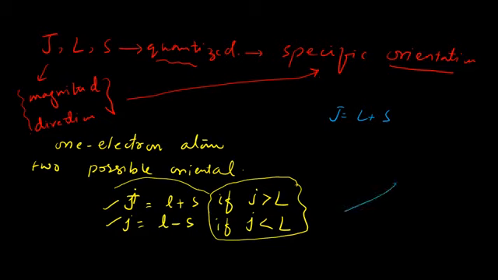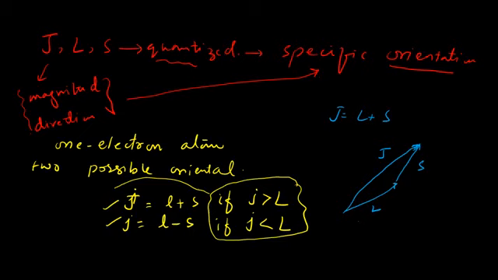Let's suppose this is your l vector, and here this one is s. Now we can add them up, and this is their resultant j, so j is equal to l plus s.